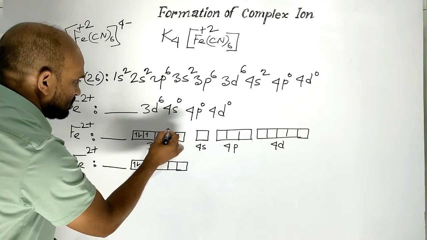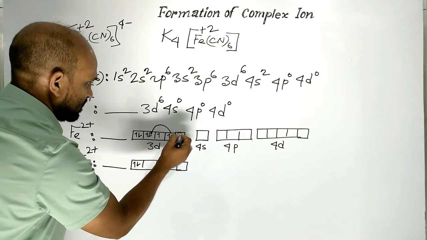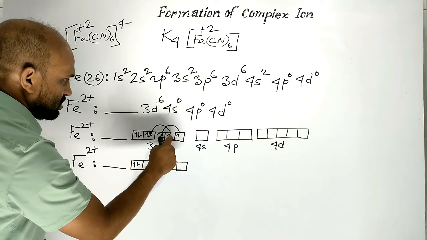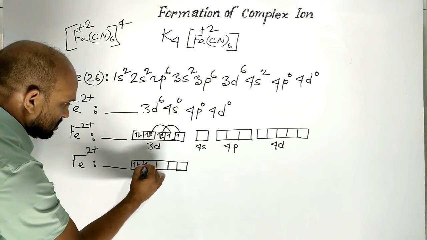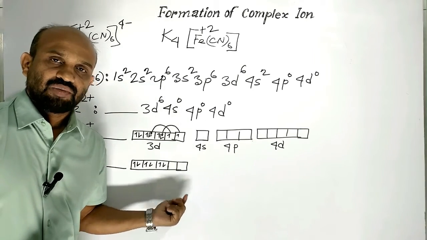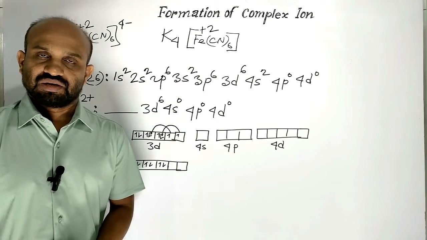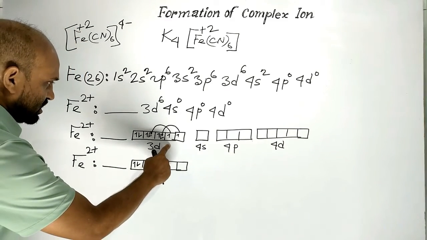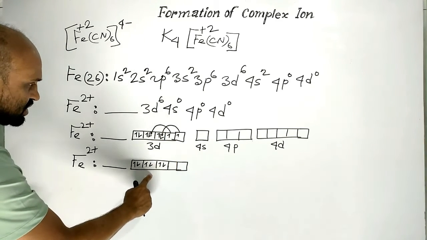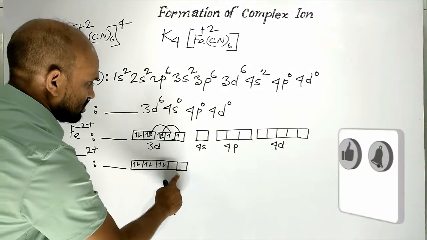This single electron shifts here to be paired. This single electron shifts here to be paired. Then these two orbitals become vacant. It happens due to stability and because of the presence of ligands. These 4 unpaired electrons become paired and 2 d orbitals get vacant.